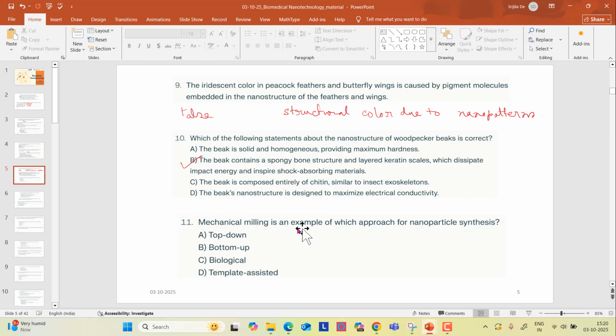Next, mechanical milling is an example of which approach for nanoparticle synthesis?